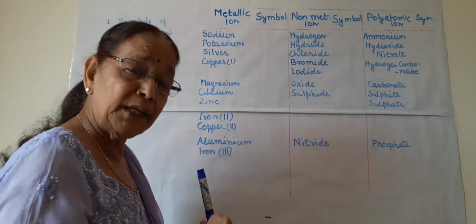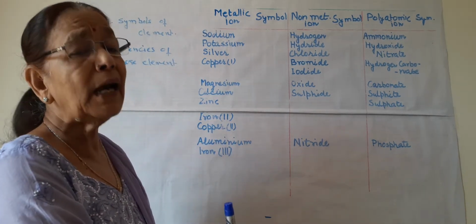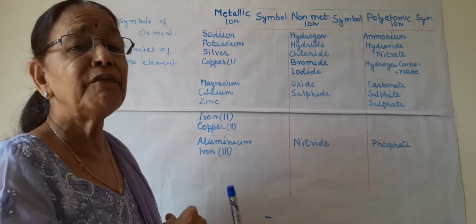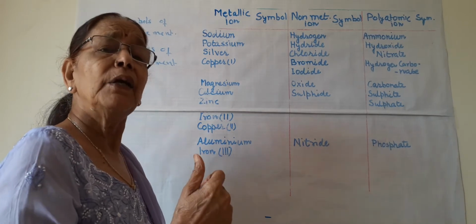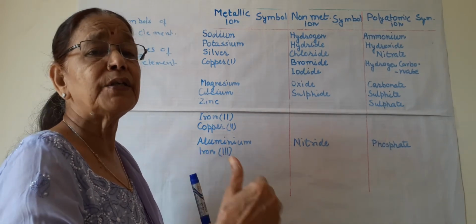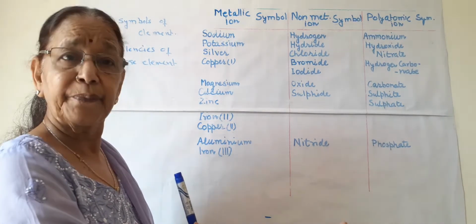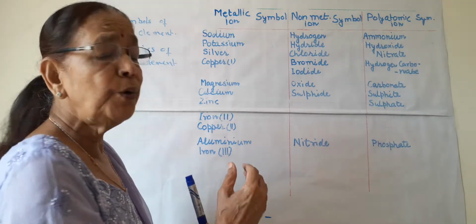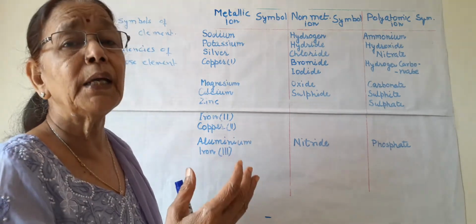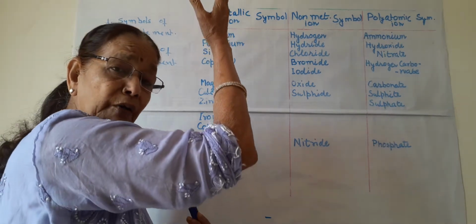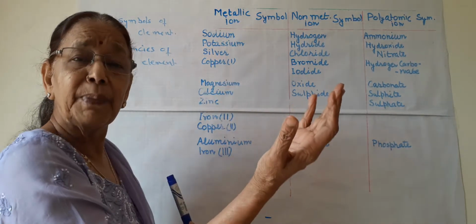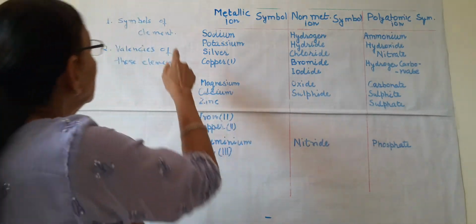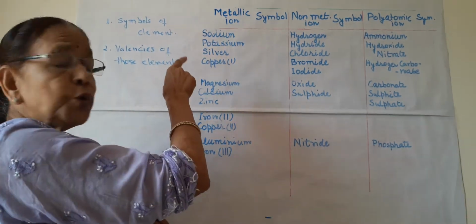Although we can find out the valency, that is a lengthy process and it will take some time to understand valencies, and we will study valency in detail in the next chapter. So here what can we do? We can memorize by heart the valencies of different elements. So this is the simplest manner to memorize.